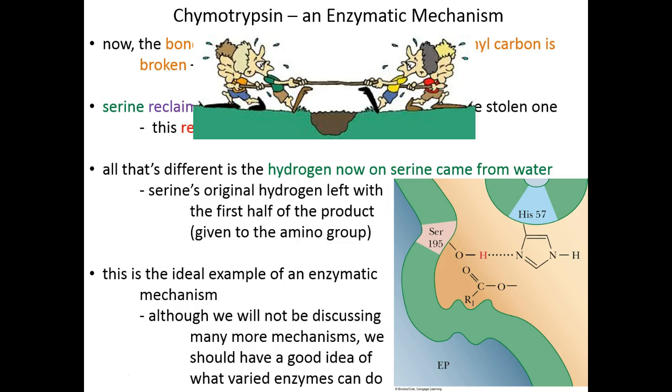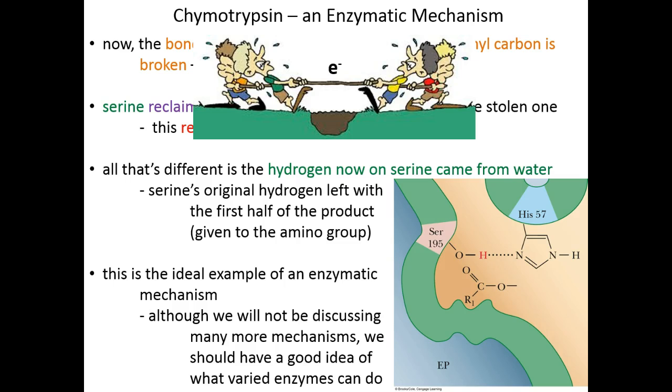Essentially, for cleavage reactions such as this one, what occurs in the active site is part of the enzyme pulls really hard on one side of the substrate, and another part of the enzyme pulls really hard on the other side of the substrate, and both those halves pull and pull and pull until the covalent bond under attack cracks under that stress, and we essentially achieve the cleavage that we needed.